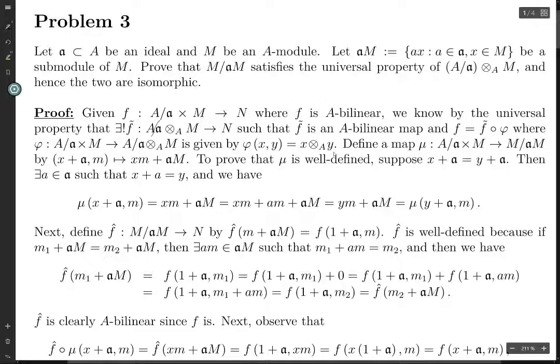Here we don't want an A below the tensor product, because when we have that A there, it's like we're taking the set of x tensor y without anything down here. So we're just taking the set of things of the form x tensor y, and then imposing some extra conditions on this tensor product.